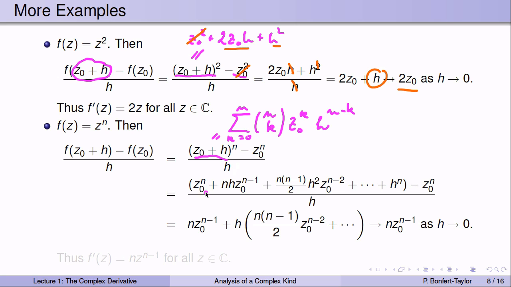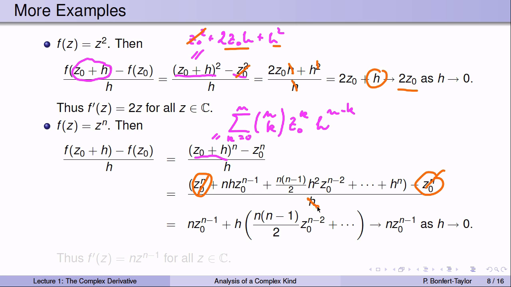In the limit, the only terms that are really important are these first two terms. And you notice we have, again, a z0 to the n term that we're going to subtract. So that term goes away. We're left with terms that all have an h or higher power of h in them. The only one that has a power 1 of h is this first term, n times h times z0 to the n minus 1.